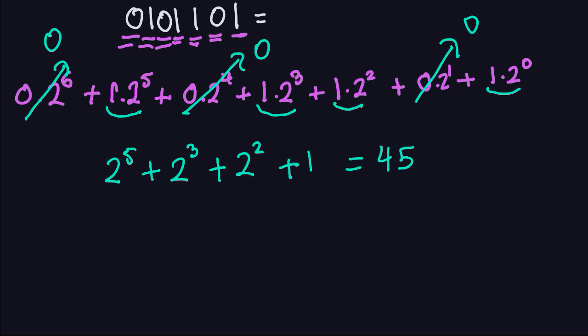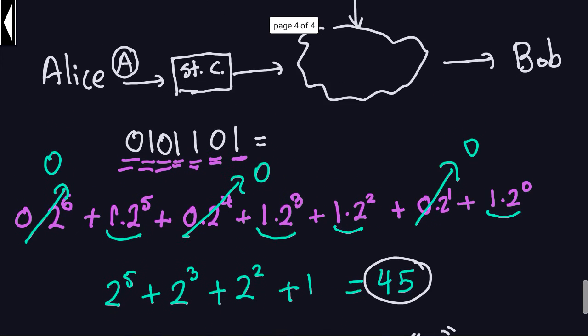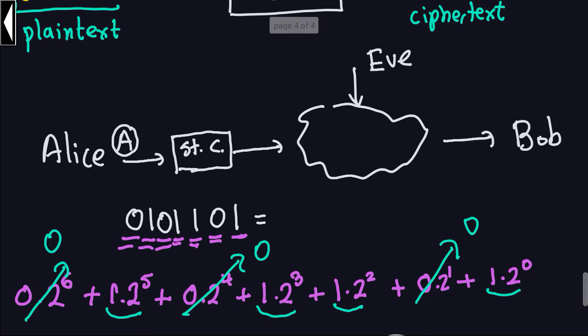So what Eve will see is the hyphen going through that insecure channel, and of course, Bob will also get the hyphen.